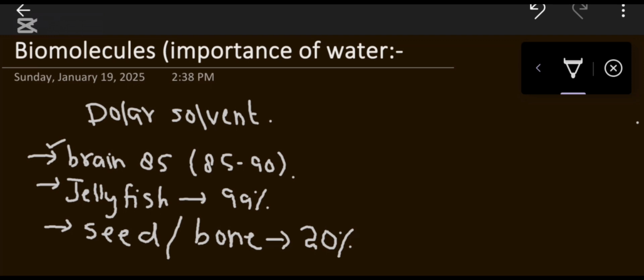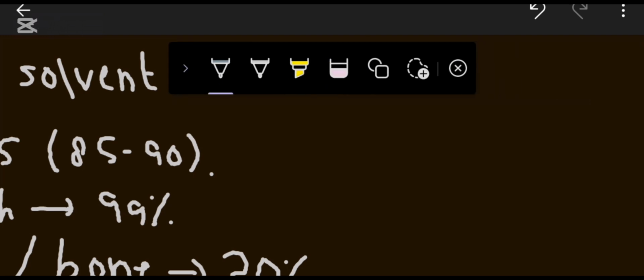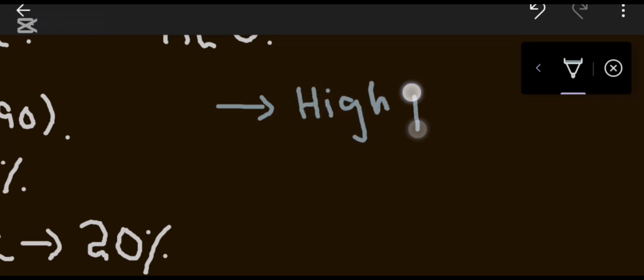Okay. Let's look at the properties of water. As we know, the formula of water is H2O, and the first property of water is high polarity.